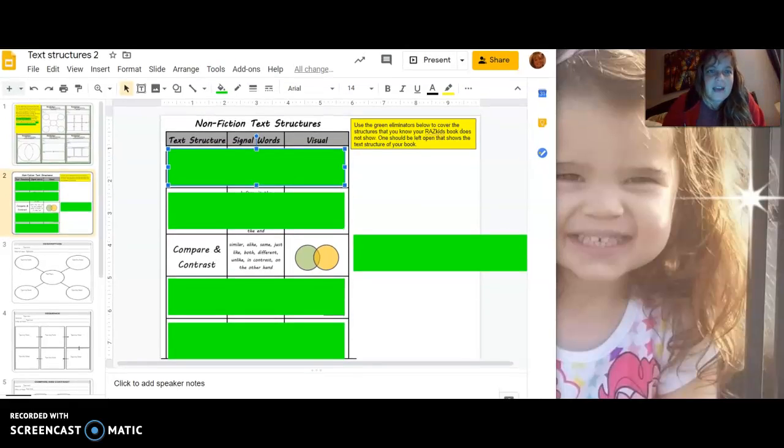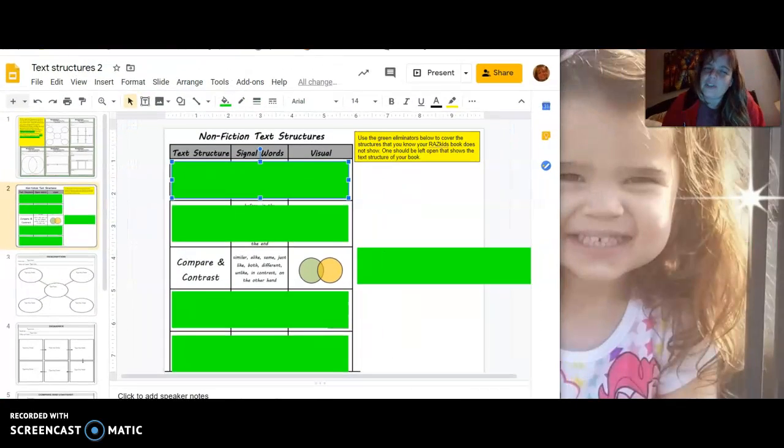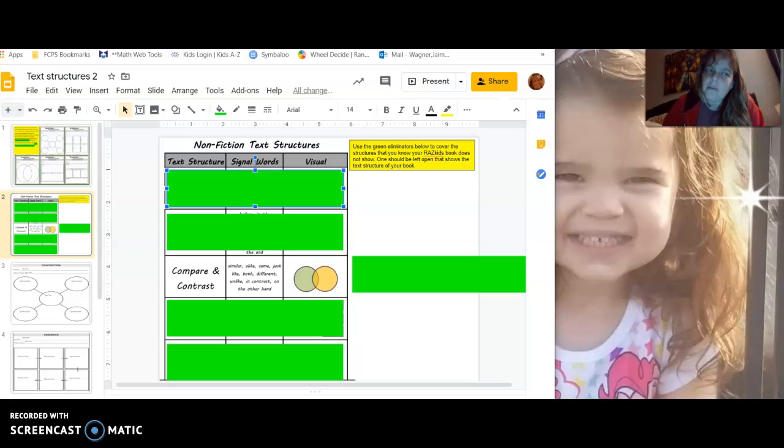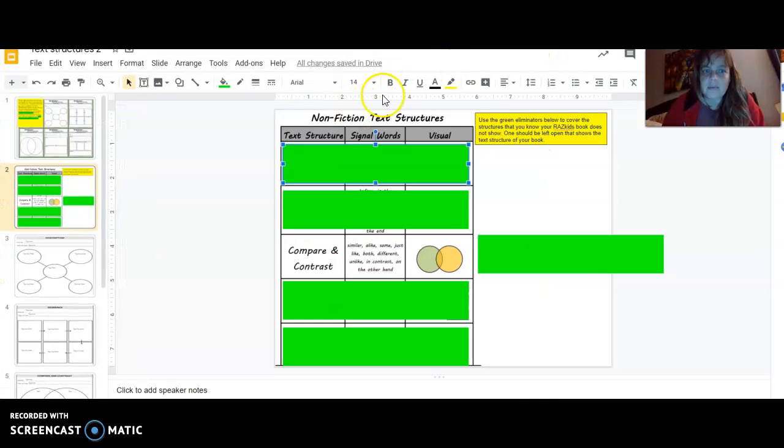You can kind of minimize and maybe make two, you can kind of open up RazKids and have that on one side and then open up this and have that on the other side. It's just something to think about. So as you are reading RazKids, use these little eliminators and come up with what text structure you're seeing the most. I'm just going to have that be for today's assignment.